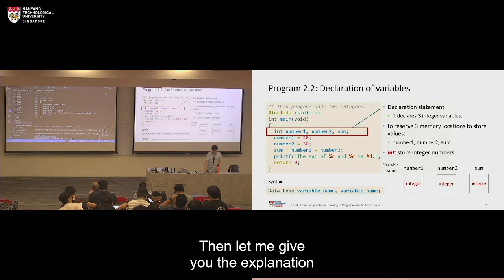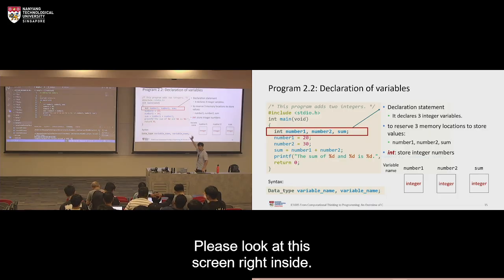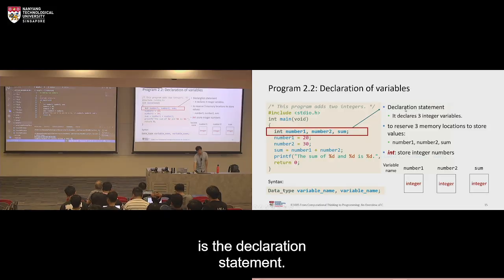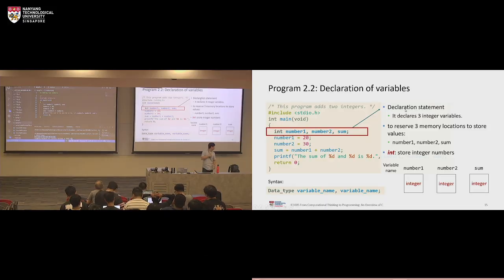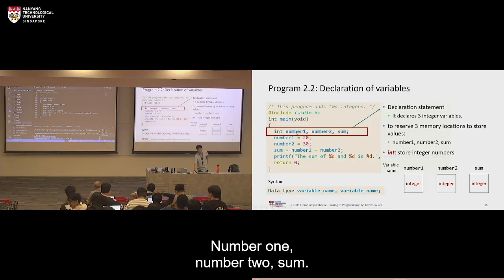Okay, then let me give you the explanation of this code one by one. So please look at this screen, right hand side. So in the first line, this is the declaration statement. It declares 3 integer variables, number 1, number 2, sum.